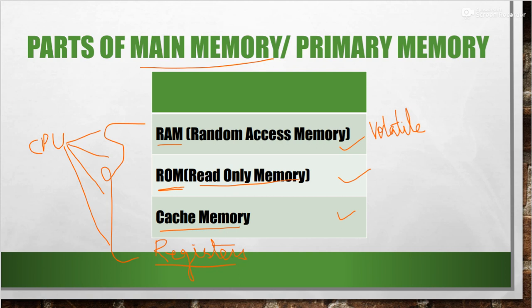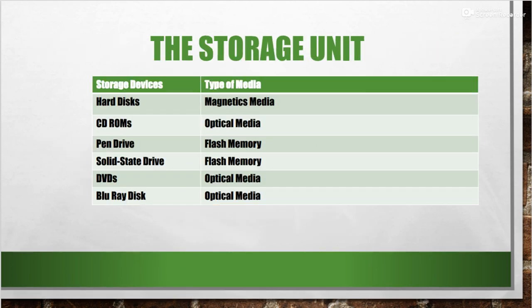Then next, after that, we are having the storage unit. Now there are different types of storage units. The very first thing is hard disk. You all are aware of all these terms. It is magnetic media.